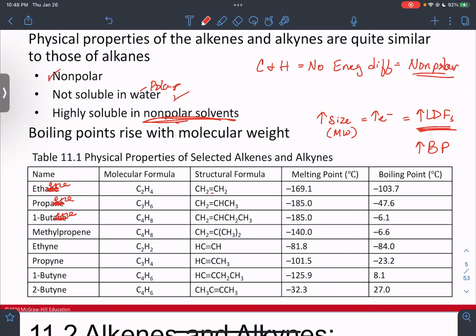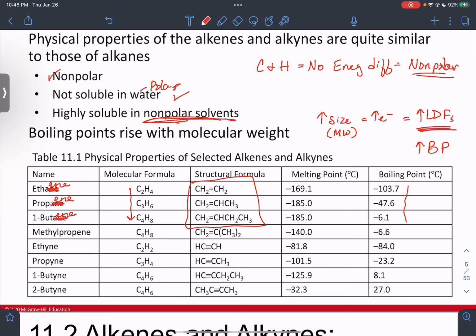Awesome. Okay, so we're going to look from carbon 2 to carbon 3 to carbon 4. The only thing that's differing in these molecules is that they're getting longer. They only have one carbon-carbon double bond, so they're just getting longer, so they have a higher molecular weight.